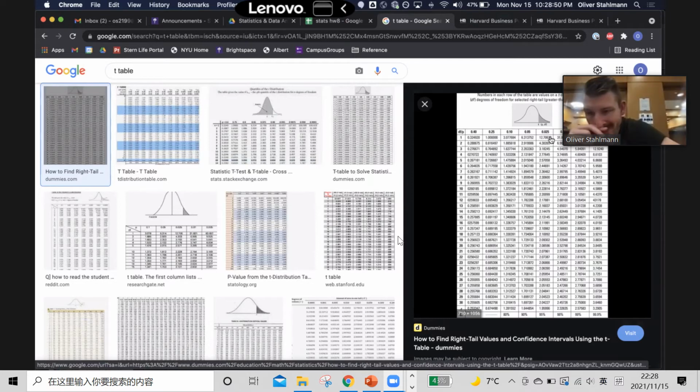That means we have two shaded areas, one on the right, another one on the left. So you need them to add up to 5%? Yes, that's the problem. If you choose the column of 5% and we have two tails, then our alpha becomes 10%, because that's two tails times 5% each tail. So in the regression analysis case, you always find alpha divided by 2, which is 2.5%.